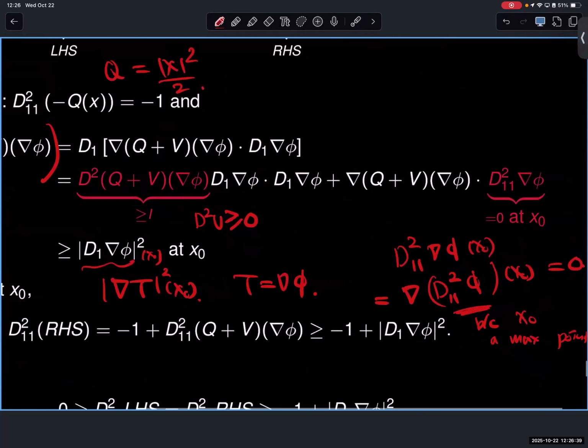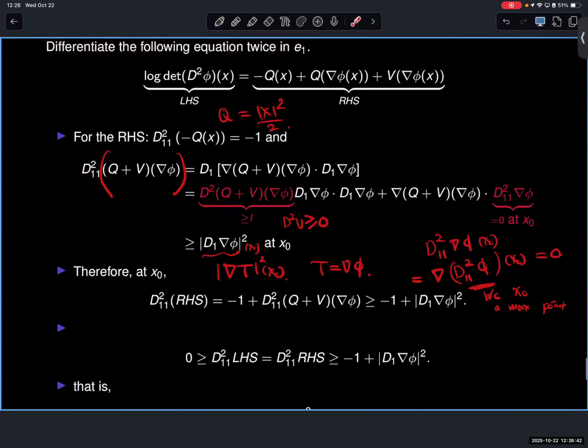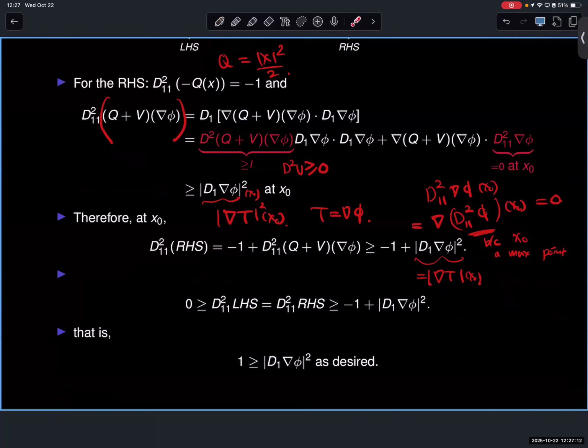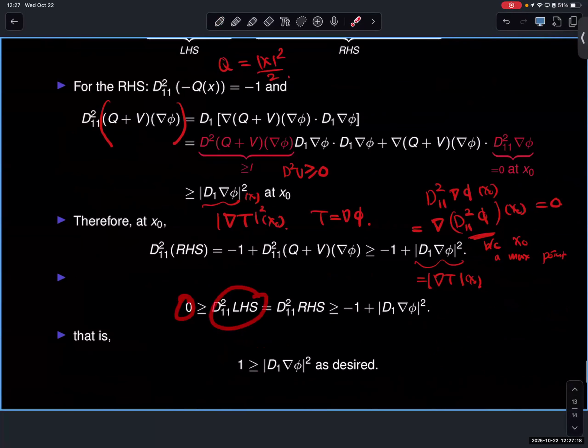So what do we have? On the right, we have this -1 plus this quantity, which is bigger than or equal to this. Now the left-hand side is less than 0, we already had that, and the right-hand side is bigger than this.